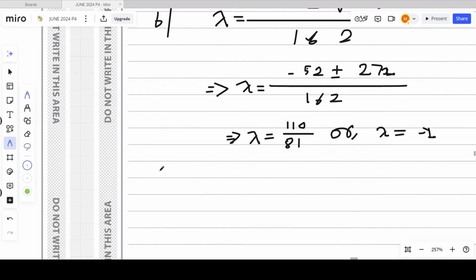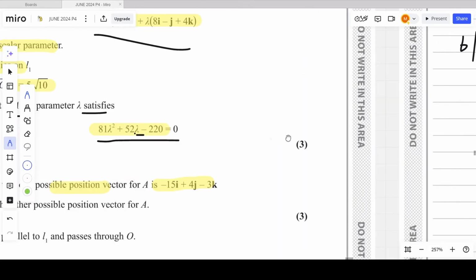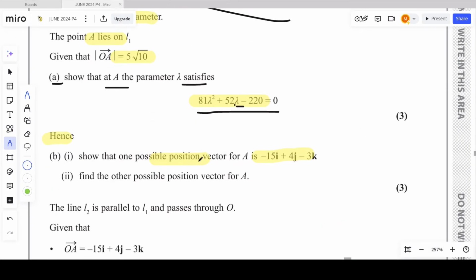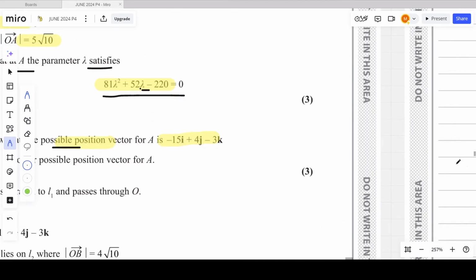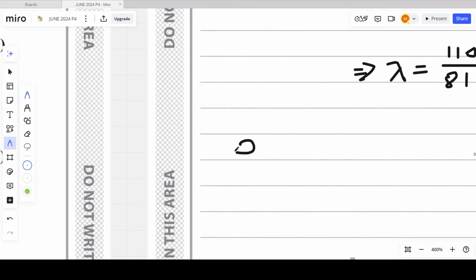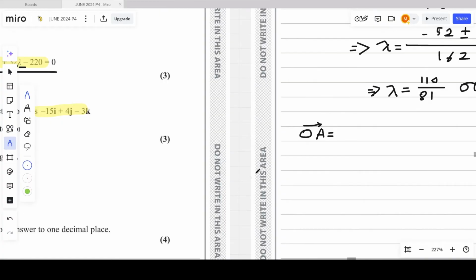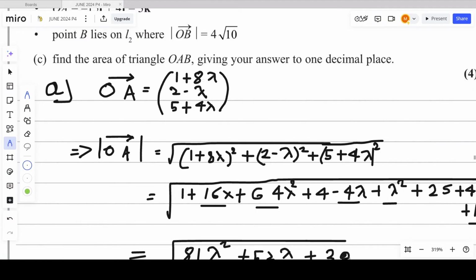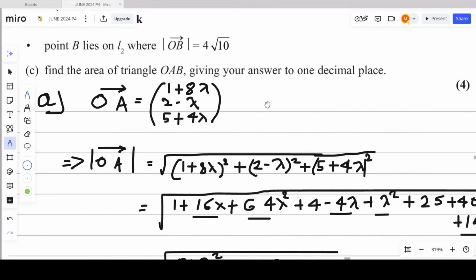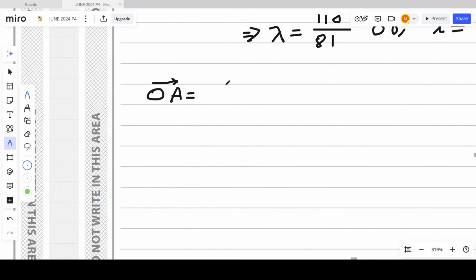Okay, so if lambda is negative 2, then one possible position they wanted for part 1 is for A, which is OA. If lambda is negative 2, then what would be OA? Let's figure it out. OA was 1 plus 8 lambda, right? If lambda is negative 2, then it will be 1 minus 16, so 1 minus 16 is negative 15. Negative 15i.